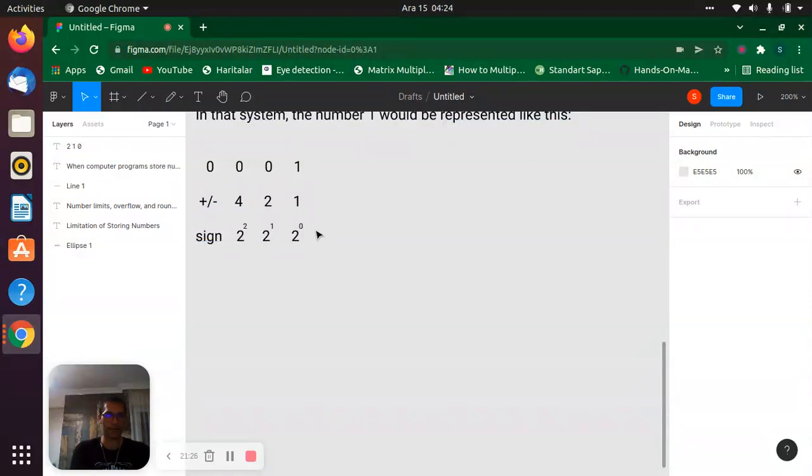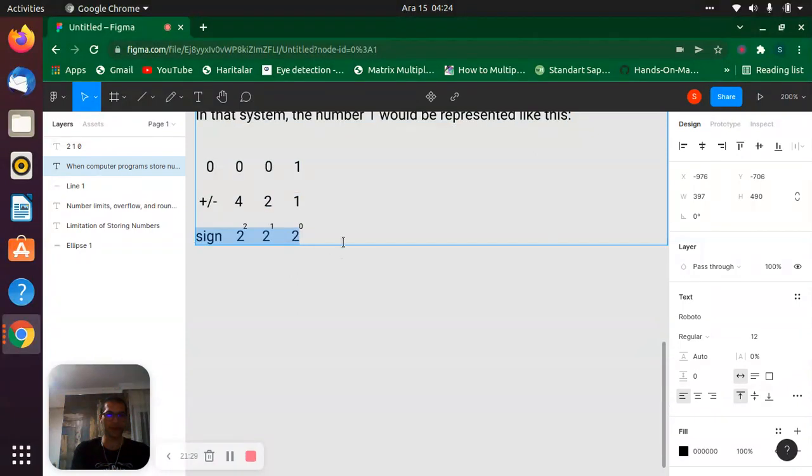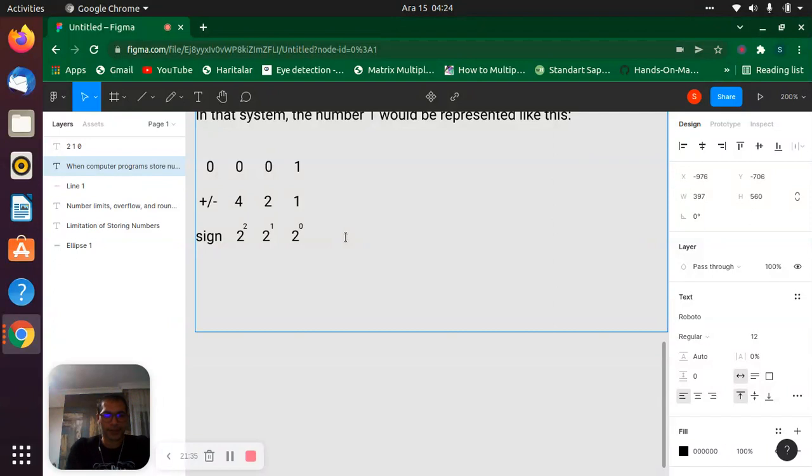The 0 in the sign represents a positive number. Yes, this is true. If there is 1, this is an odd number. If there is 0, this is an even number, right? So this is positive and 1 is negative. You have to think like that.